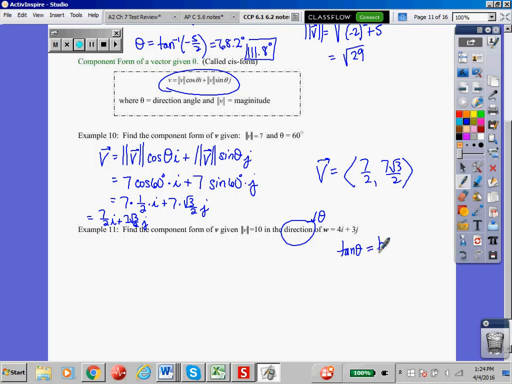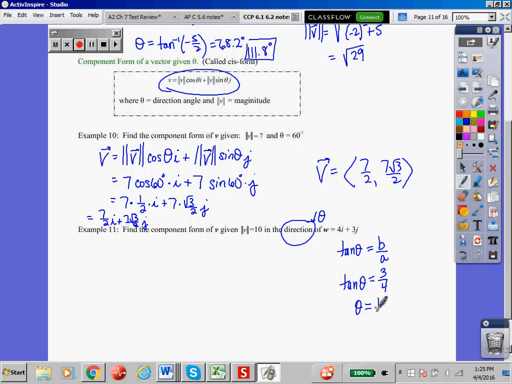Well, tangent theta is B over A. So that's tangent theta equals, do you understand I have two vectors here? I've got vector V, and that's the one I want to find the component form of. And then they gave me the component form with IJ of W. But if they're going in the same direction, that's the same angle, then I can use CIS.